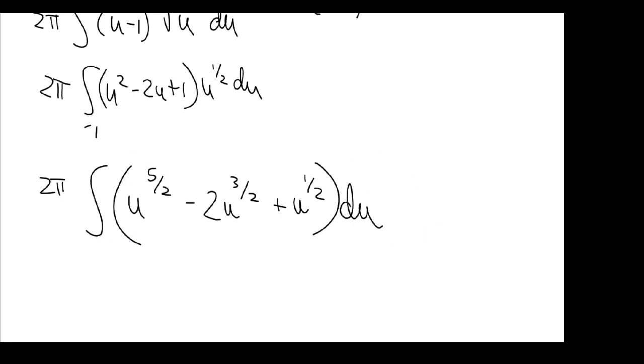And my limits, I'll either change them or I will put u back in. But that's correct. So it is 32 pi over 5. 32 pi over 105. What did I say? Oh dear.